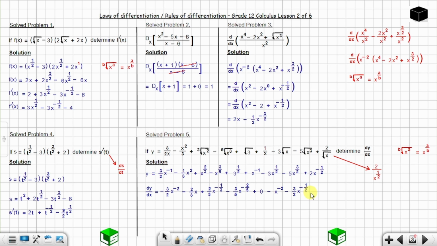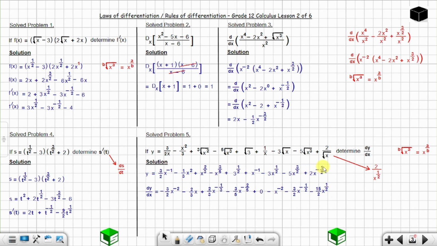Let's carry on. Minus, you have your exponent 3 over 2 times 5, so it will be 15 over 2, x to the power of this minus 1. Okay, you subtract 1 from this. This is 1.5 minus 1, it's going to be 0.5. So 0.5 is 1 over 2. Let's carry on.